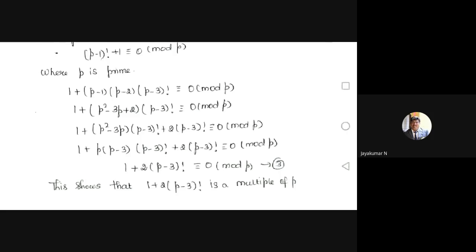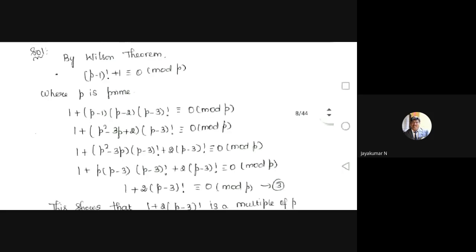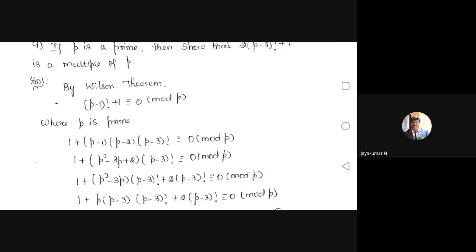Okay. Are you clear now? By the last step, 1 plus p into (p minus 3) into (p minus 3) factorial plus 2 times (p minus 3) factorial. So keep 1 plus 2 into (p minus 3) factorial on the left hand side, and the remaining is p into (p minus 3) into (p minus 3) factorial.